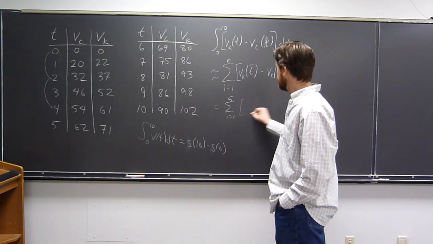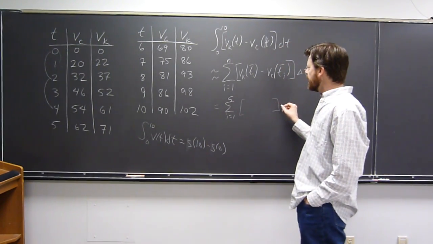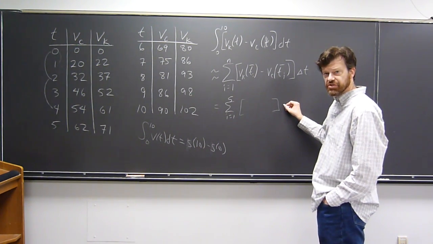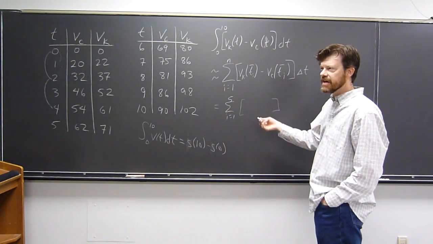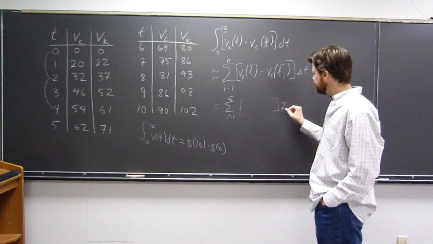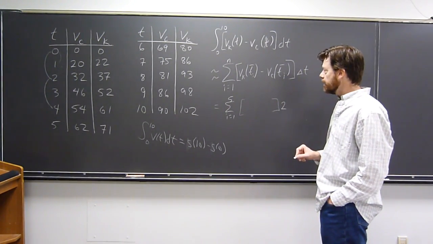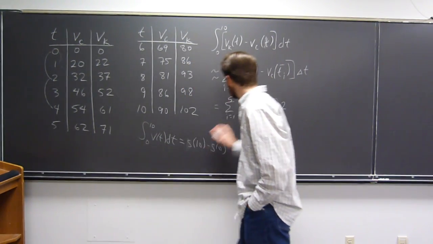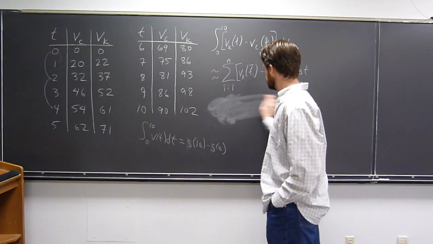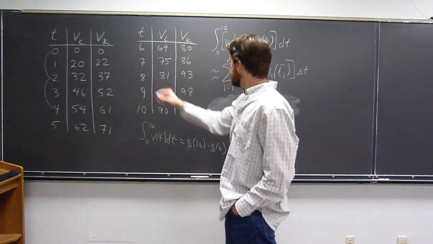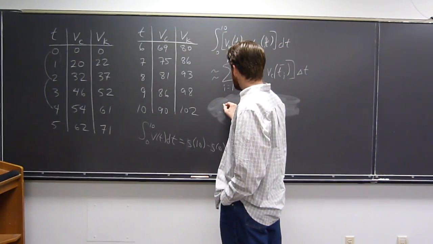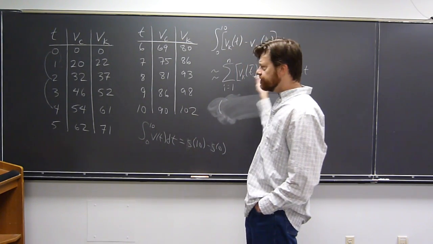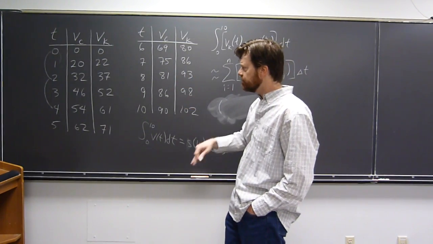I'm not going to write that out. Then we take that times delta t, which is the length of time of each interval, 2 seconds. Let's go ahead and do those calculations then. We're doing a summation, so I'm just going to add up the difference in velocities at each odd numbered second.